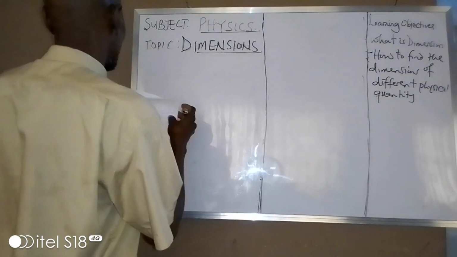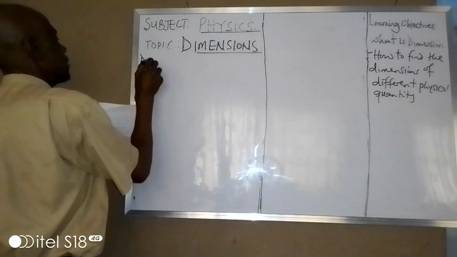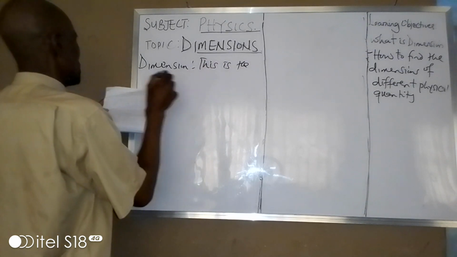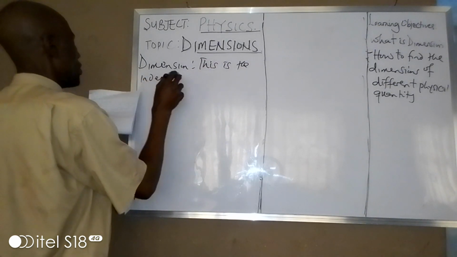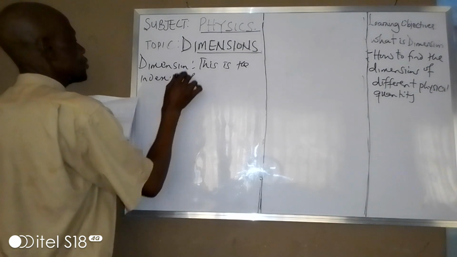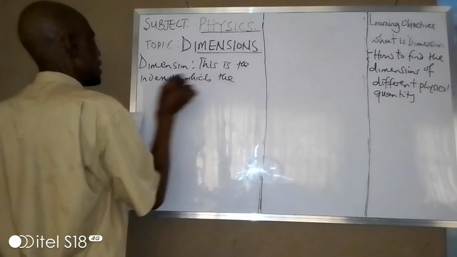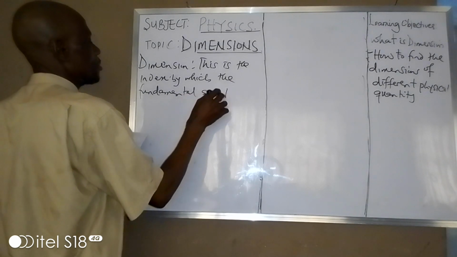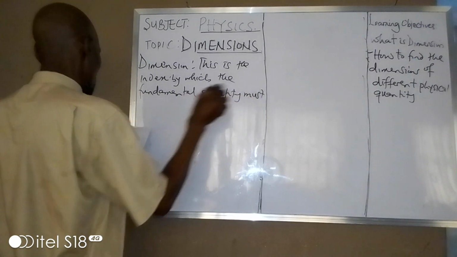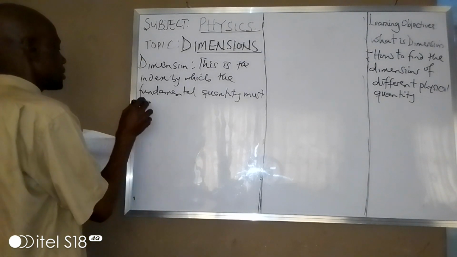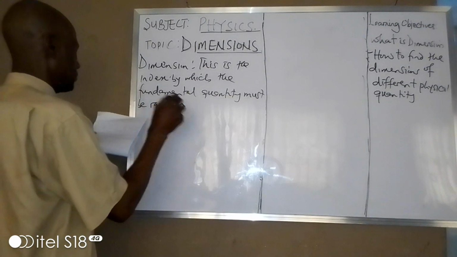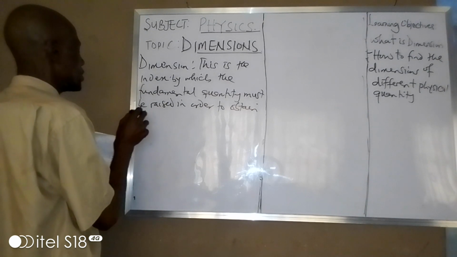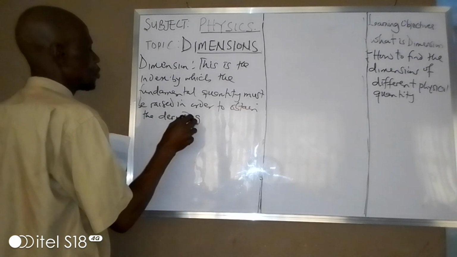What is dimension? Some people can say that dimension is the index by which the fundamental quantity must be raised in order to obtain the derived quantity.